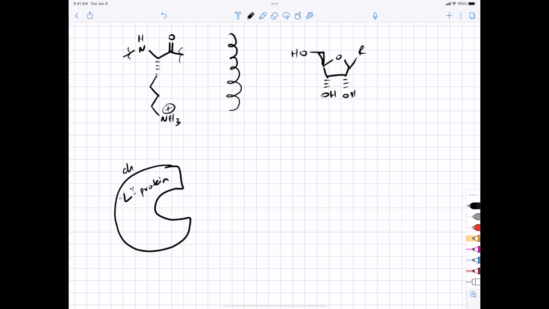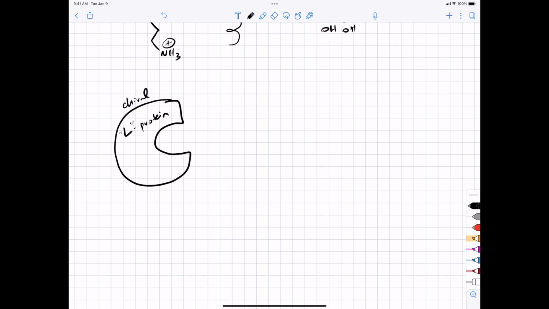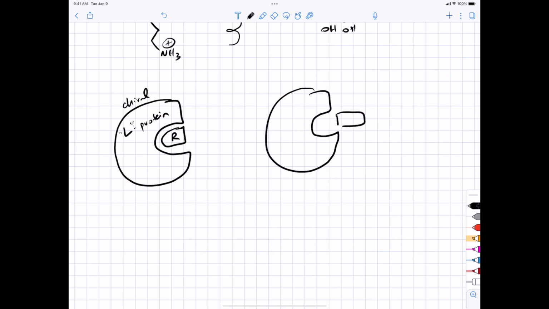It is a chiral molecule. Now suppose it binds a molecule that has R stereochemistry versus a molecule that has S stereochemistry. Our L protein here, bound to the R isomer, is different.